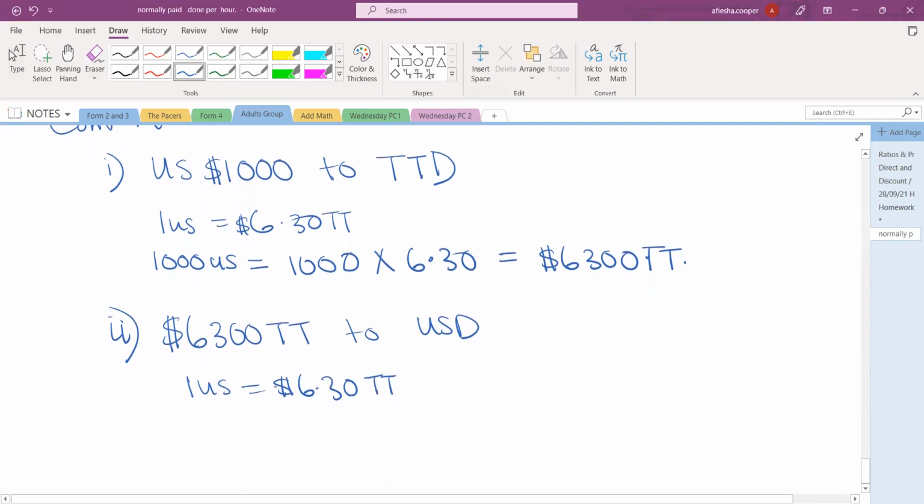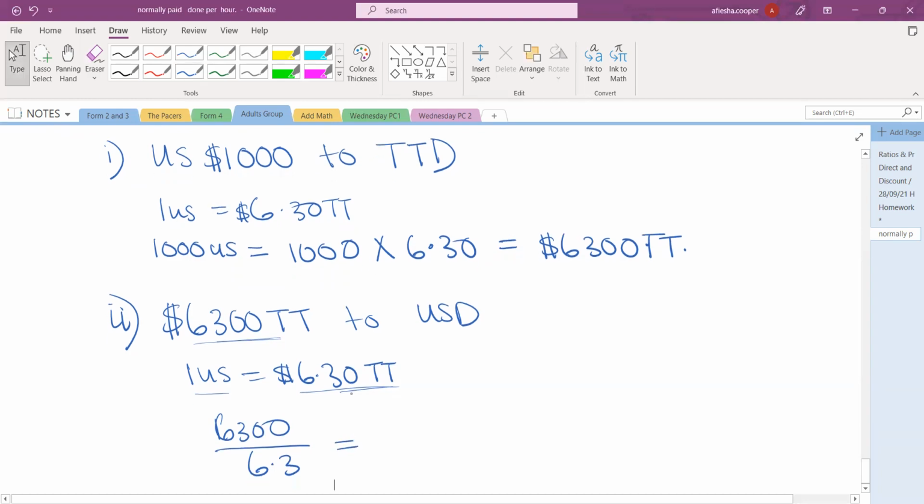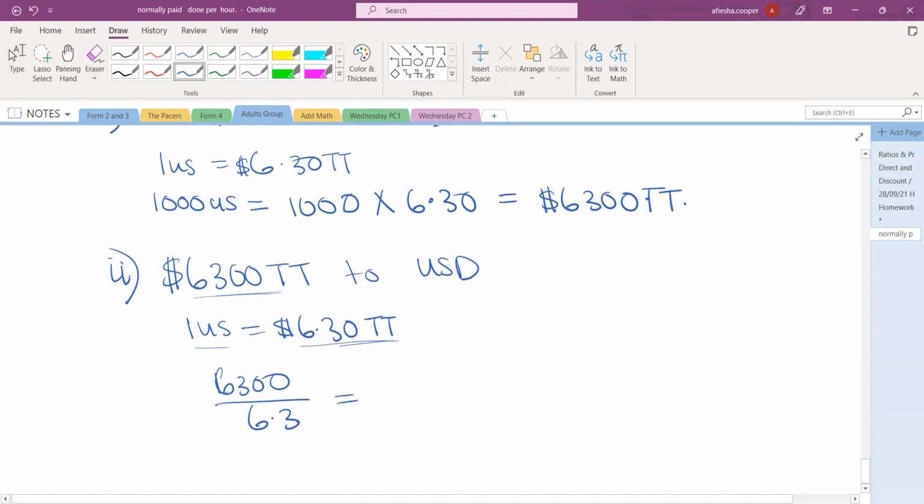So my currency is TT. I have TT and I know 6.30 TT will give me 1 US. So I have to now divide. It's going to be 6,300 divided by 6.3 to tell me how many groups of 6.30 I'll get.